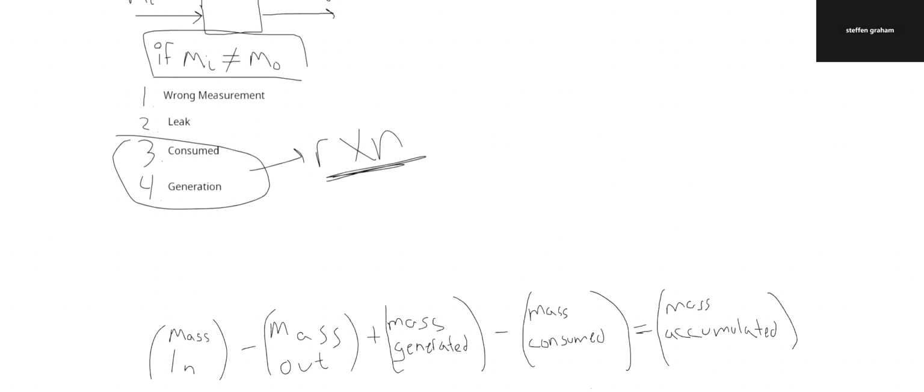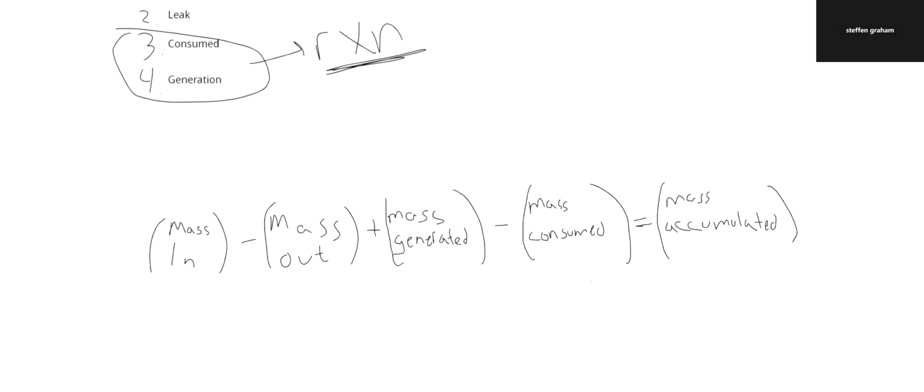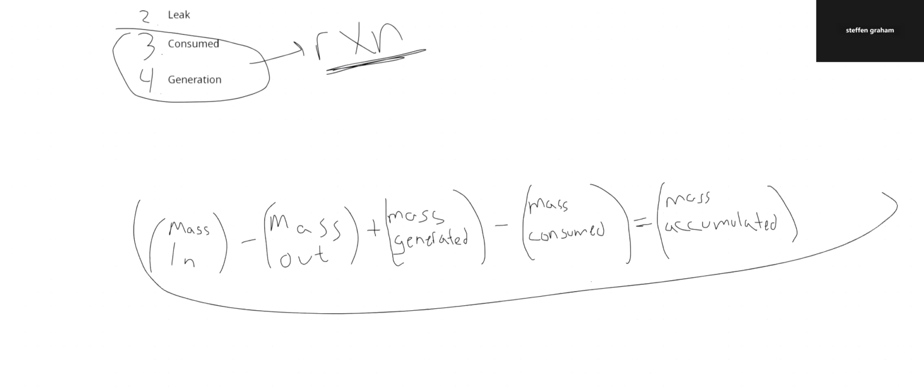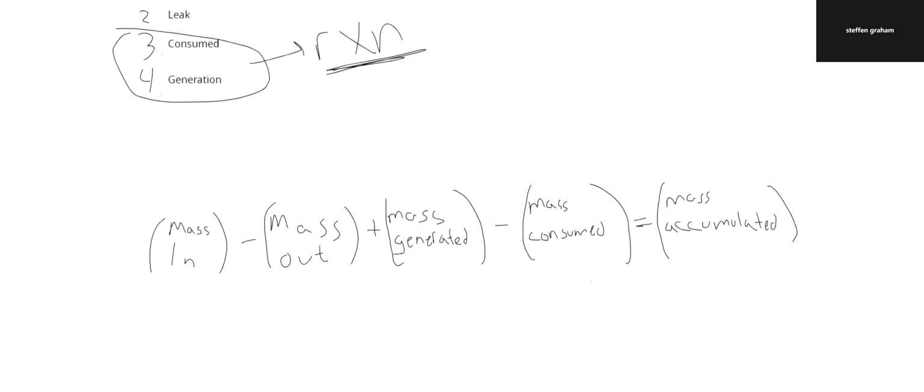So here, this is the general mass balance equation. We have your mass in minus your mass out plus your mass generated through a reaction minus your mass consumed through a reaction is equal to the mass accumulated in the system.